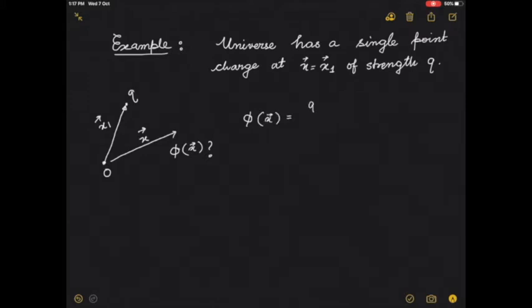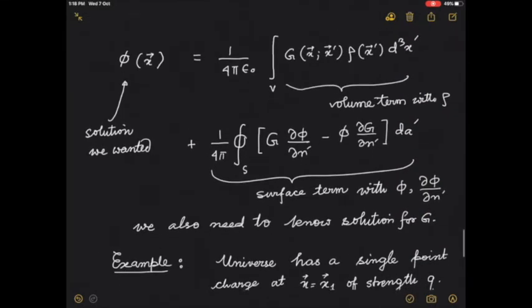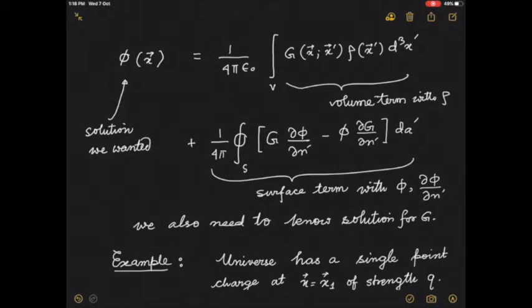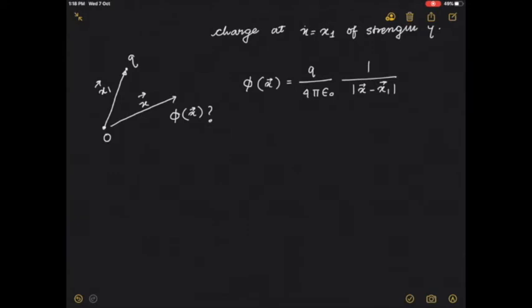We already know the solution for this. Phi at x is given by q by 4 pi epsilon naught, 1 by mod x minus x1. This is what we know from our understanding of electrostatics, Coulomb's law, etc. Let us see what we get once I use this expression. Now how do I set up the problem?